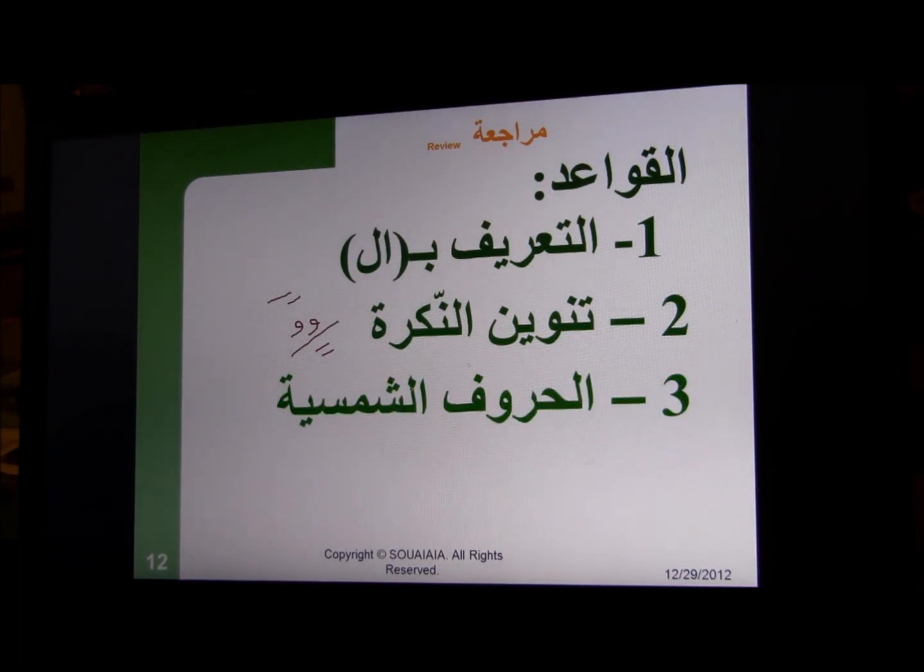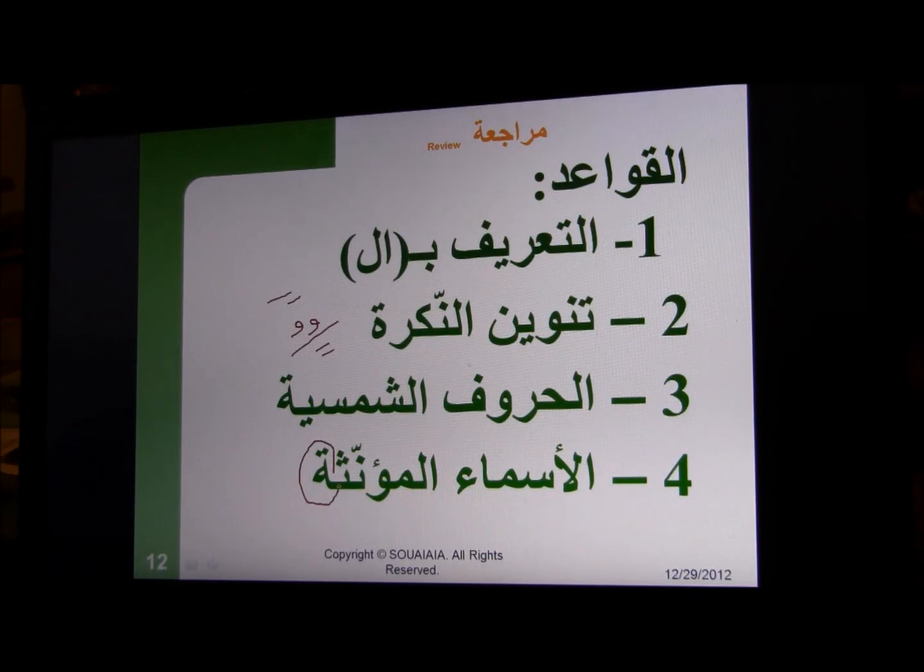And then sun letters, al-huruf ash-shamsiyya, sun letters, 14 of them. And then feminine nouns, how you make feminine out of masculine by adding the ta marbuta at the end, basically. And that concludes the Arabic alphabet.